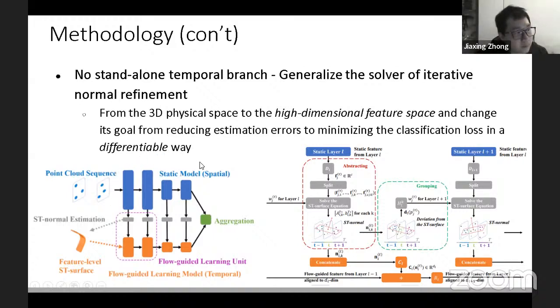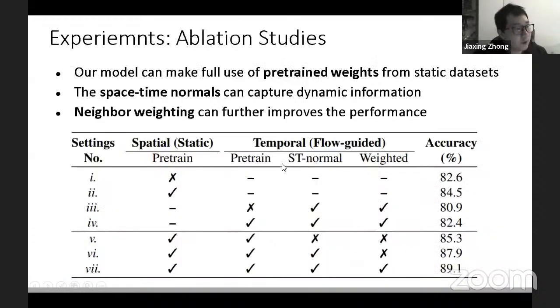So the pre-train process of these blue ones is indeed helpful to the orange ones. That is what we're trying to prove in this column.